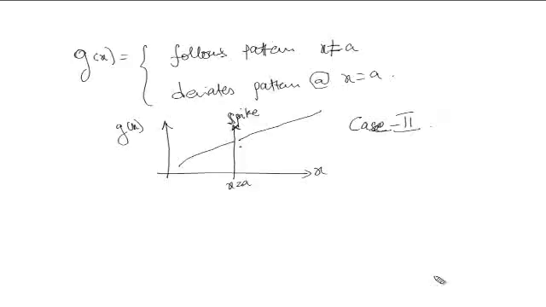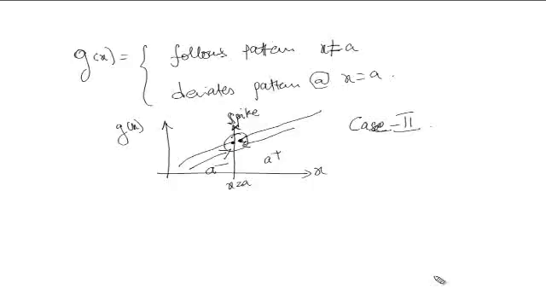Now, let us approach x equal to a in this direction, that is in the region a minus and a plus. Observe that these two values are converging to this and this, which are close.